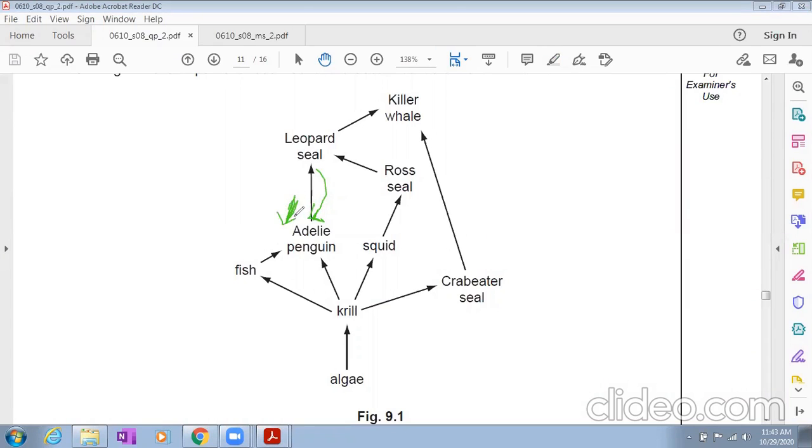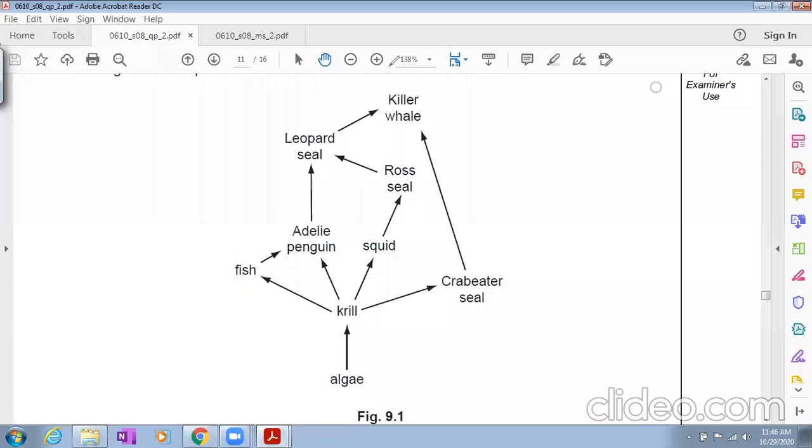What is the effect on the fish population? This penguin actually feeds on fish. If there are fewer penguins, there is no predator or fewer predators for fish, so the fish population will start to increase.